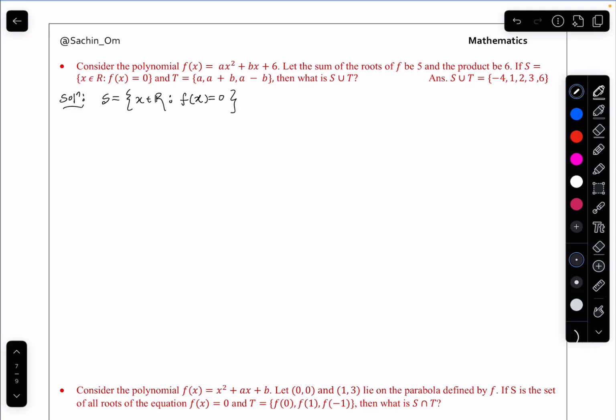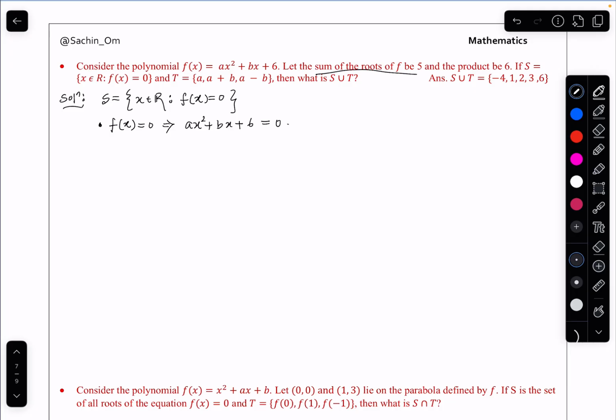Now f(x) for us is, let's consider the equation that we have. f(x) equal to 0 would mean ax square plus bx plus 6 is equal to 0. So I'm looking for those x for which this polynomial takes the value 0. But then there is some more detail given to me.